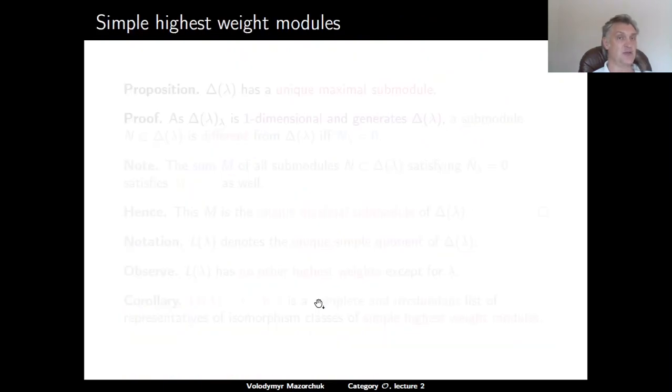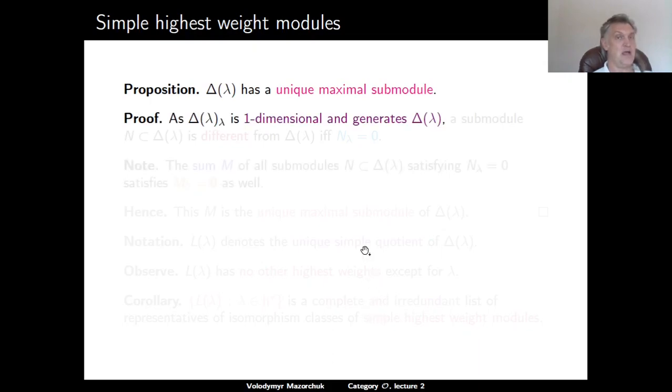So the next natural question is, how many different simple quotients can a Verma module delta lambda have? And the answer is only one. So the claim is that delta lambda has a unique maximal submodule. Recall that the weight space of weight lambda in delta lambda is one-dimensional and generates delta lambda.